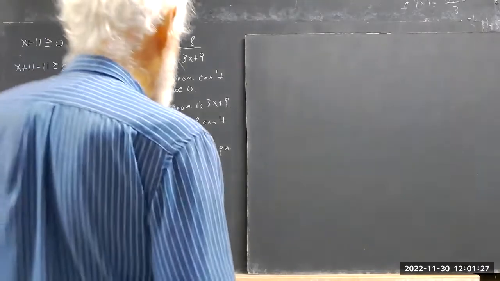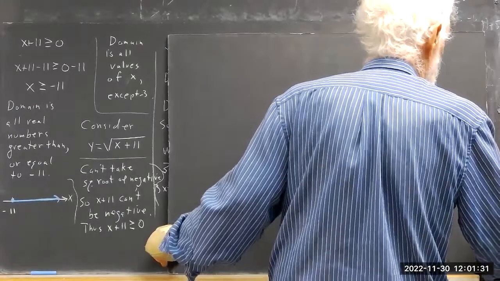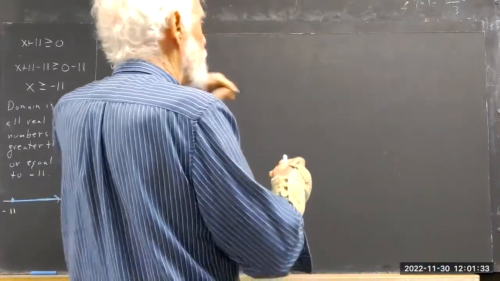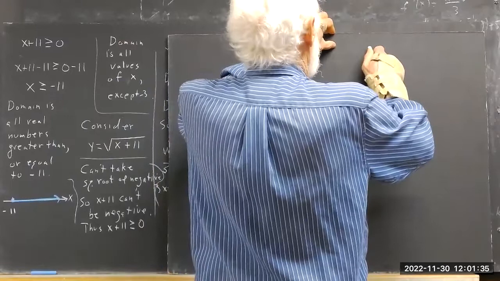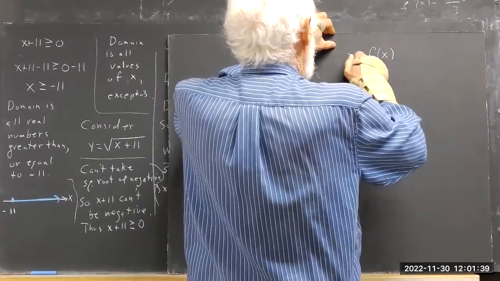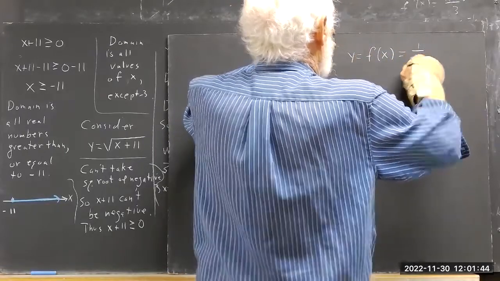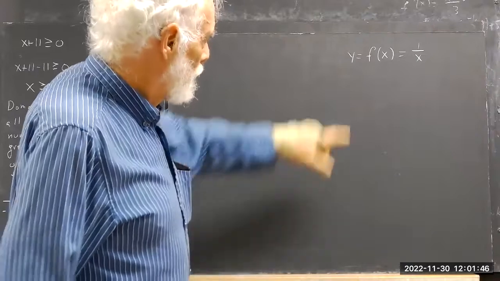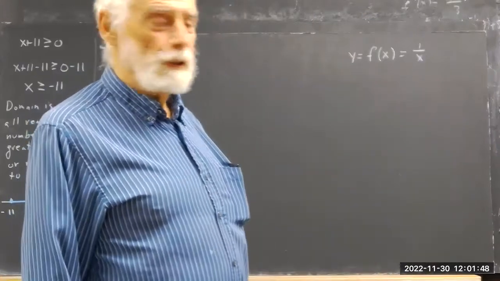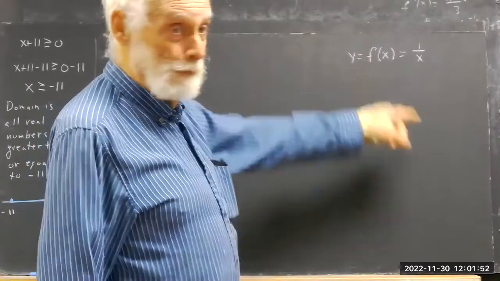Okay, function notation. Let's say y equals 1 over x, but I want to give this thing a name. Its name is going to be f of x.